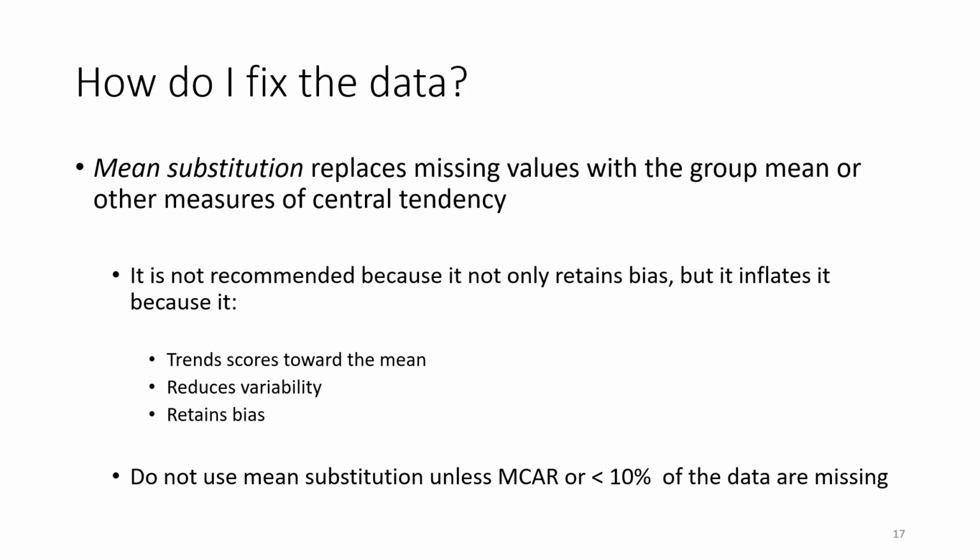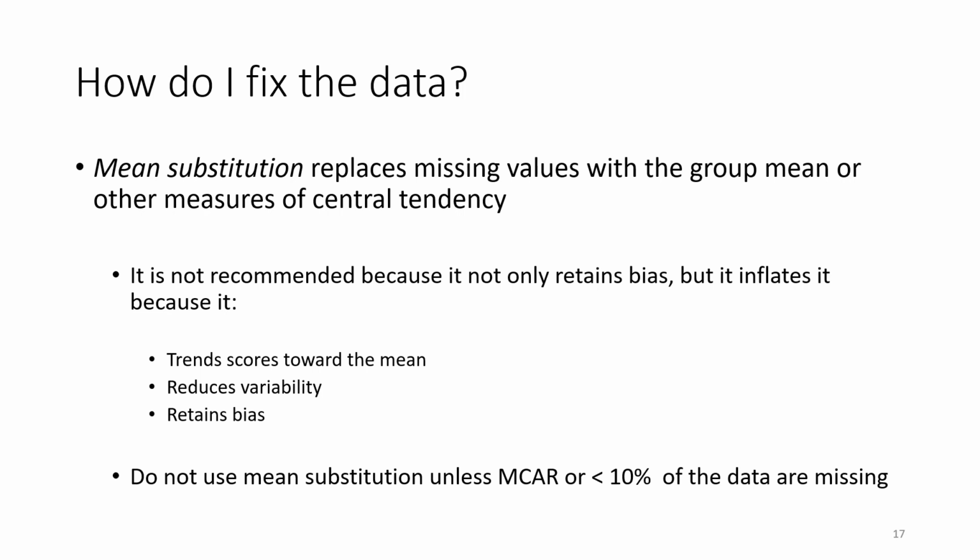When we replace missing values with the mean, that means that we are going to reduce variability because we're trending the mean to be a stronger effect.